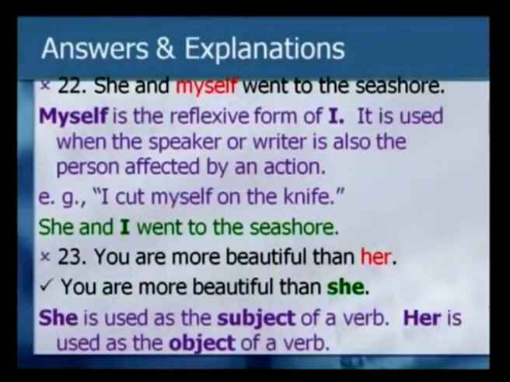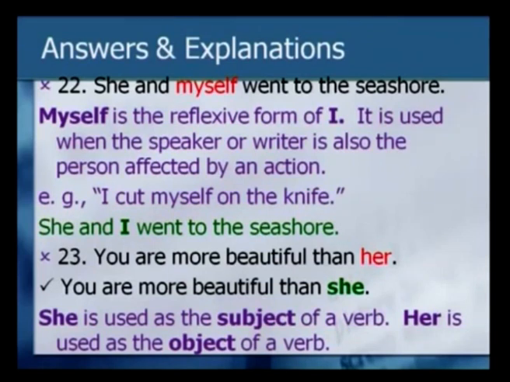She and myself went to the seashore. Now, myself is the reflexive form of I. It is used when the speaker or writer is also the person affected by an action.